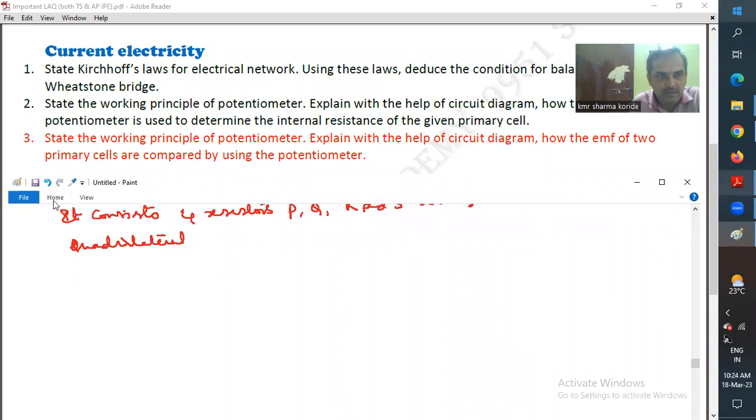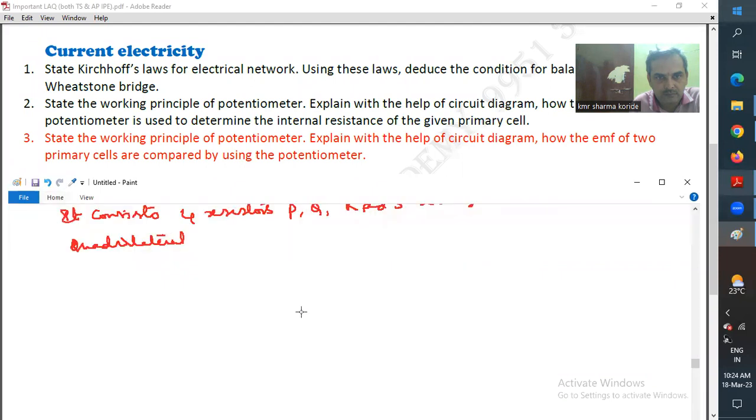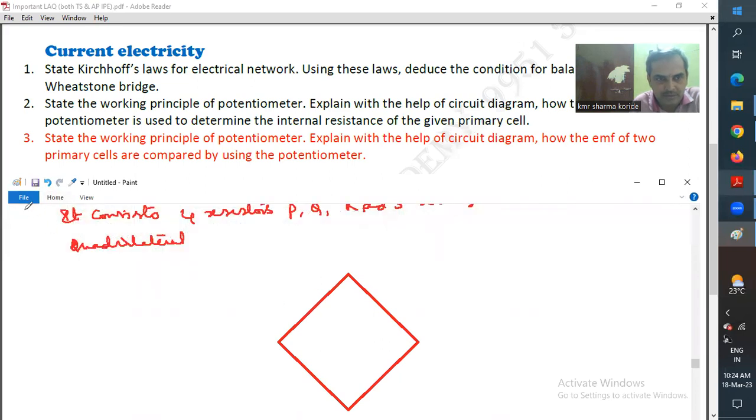So you can understand with the help of diagram. These are the sides of the quadrilateral. In the sides of the quadrilateral, you can represent the resistors.